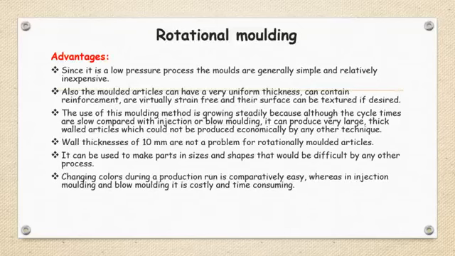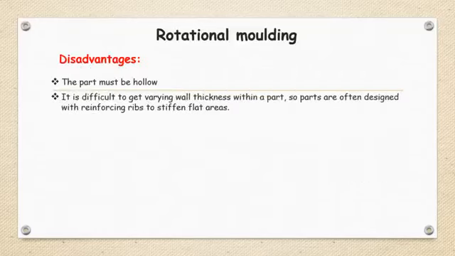Large thickness components of large size hollow parts are generally prepared by rotational molding. Next advantage, a wall thickness of 10 mm is not a problem for rotationally molded articles. It can be used to make parts in sizes and shapes that would be difficult by any other process.